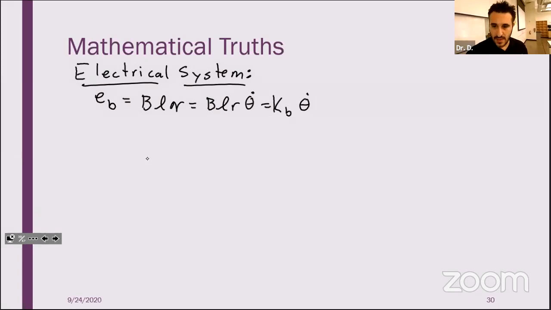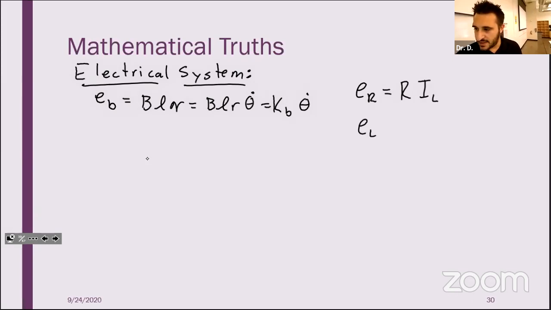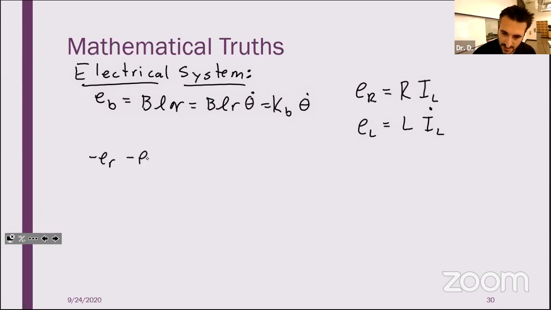Okay. We wrote down our KVL, right? But remember, we've got a resistor, so E sub R is R times I sub L, and E sub L is equal to L times I dot L, so we have an inductor. That should be it for my electrical side. So I can write KVL here too: minus E sub R, minus E sub L, minus E sub B, plus E in is equal to 0.